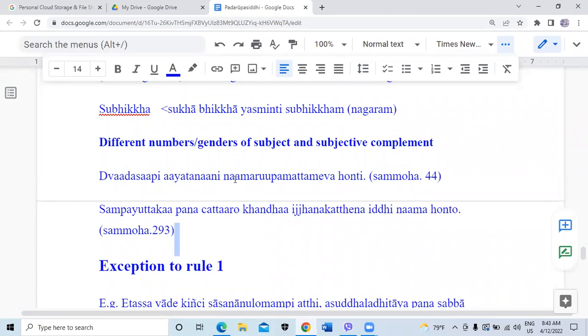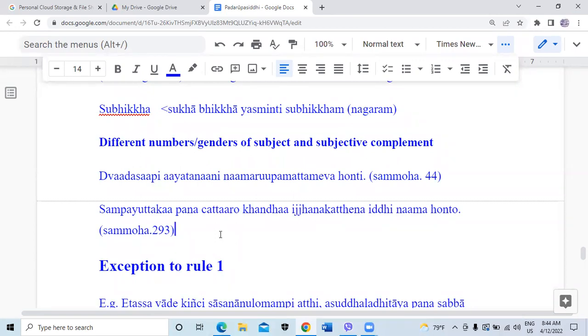Nāma is mind. Yes, mind or mentality and materiality.